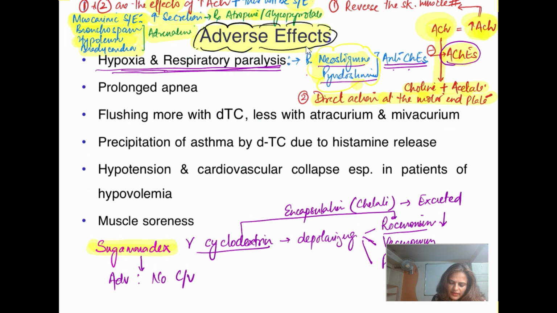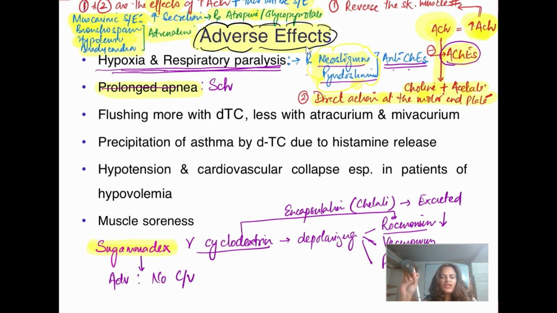Another adverse effect, number two, is prolonged apnea. Prolonged apnea is mainly seen with succinylcholine. Normally it does not happen.